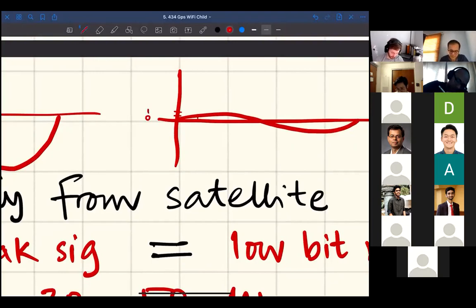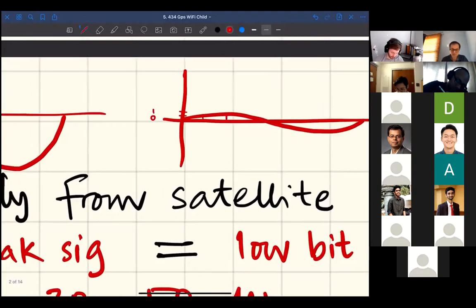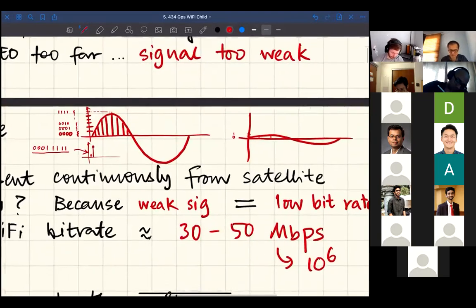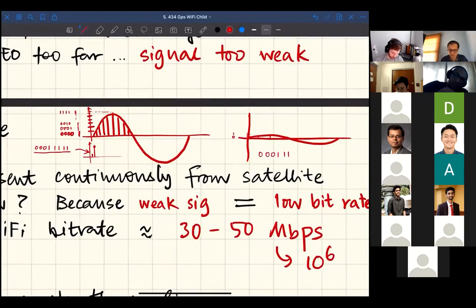So when you sample, it's either 0 or 1. So now if you want to send a signal which is 0, 0, 0, 1, 1, 1, 1, 1, you have to send 8 samples to convey the same amount of information. Does that make sense?